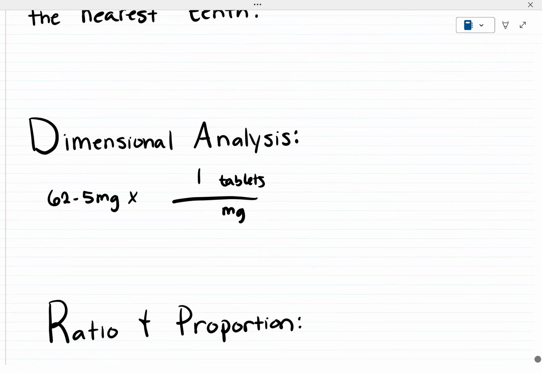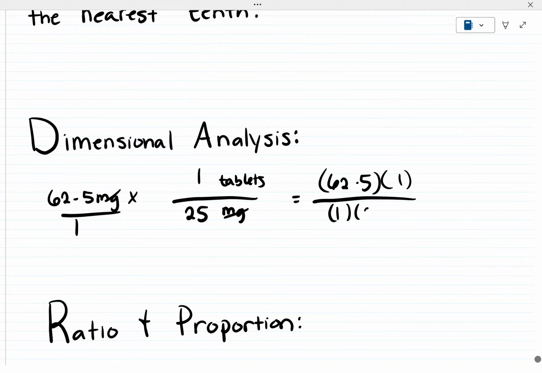We know that for one tablet, there is 25 milligrams, and then the milligrams disappear. So 62.5 times 1, and on the bottom it's 1 times 25, and you get 2.5 tablets.